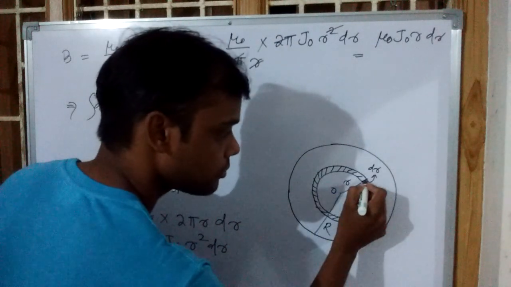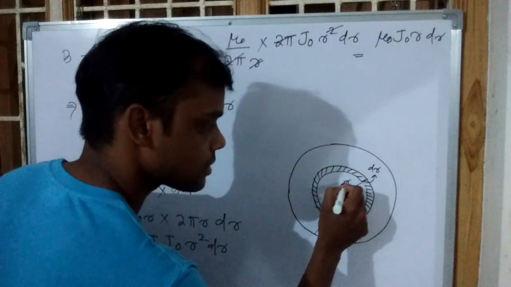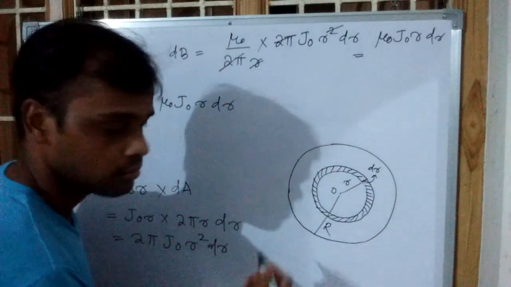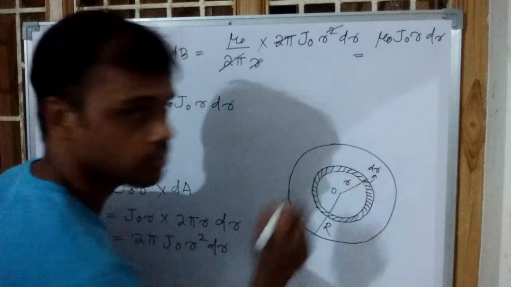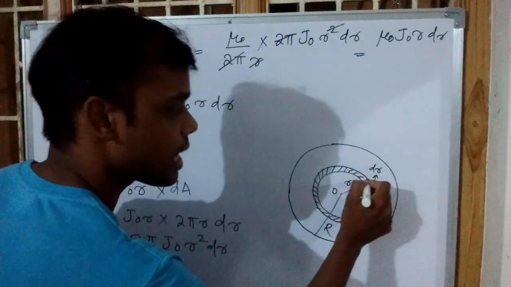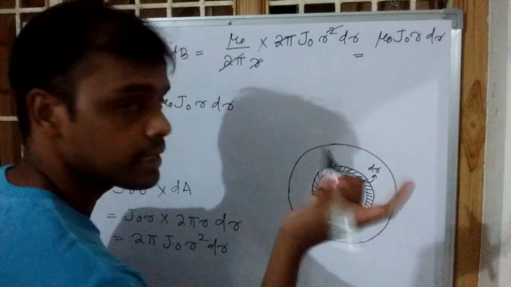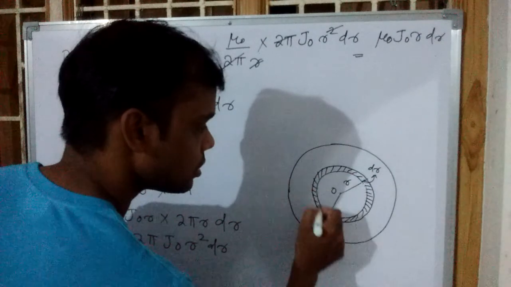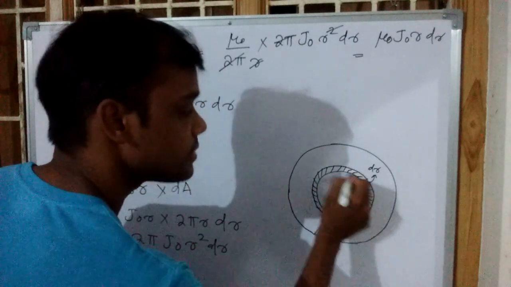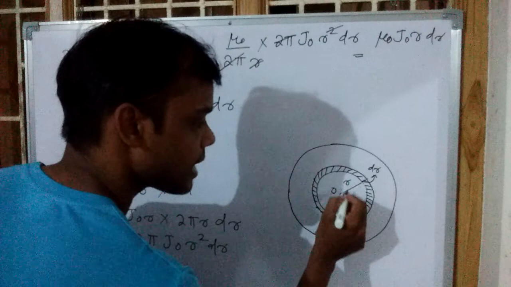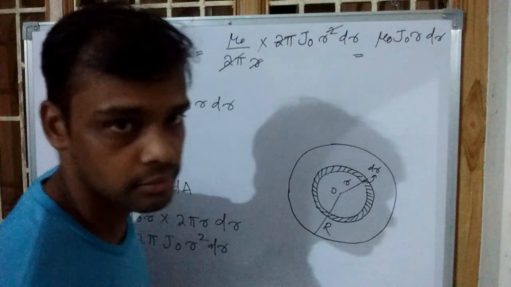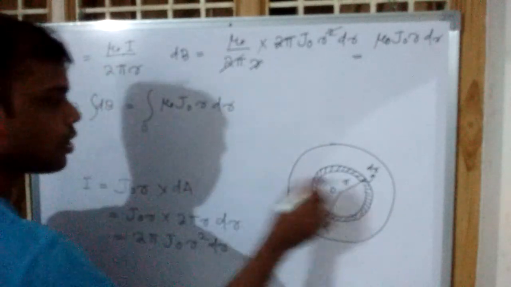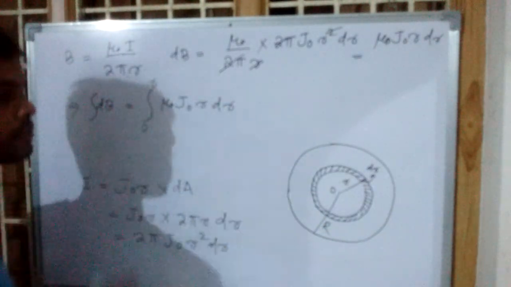From 0 up to this point, the distance varies as r, because whatever the magnetic field at this point will be depends upon the total current passing through this area. This area means distance varies from 0 to r. So our lower limit is 0, and the upper limit is r itself.